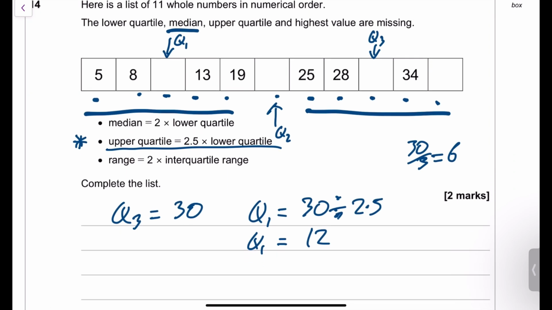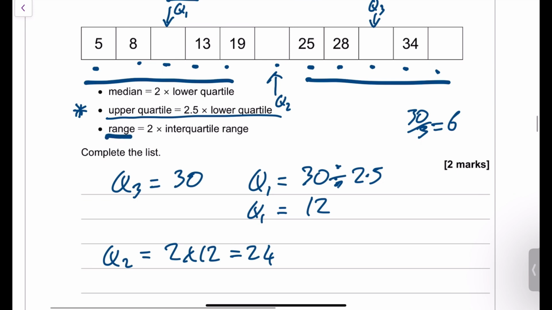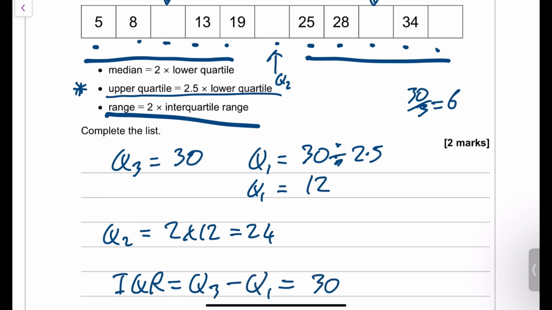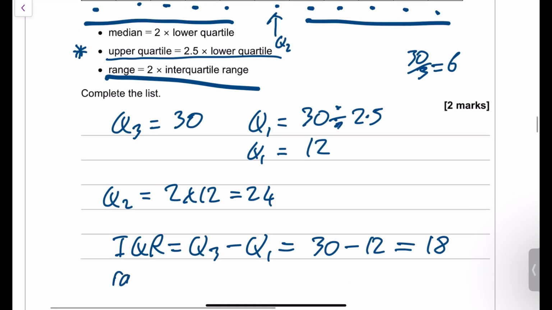It also says the median is twice the lower quartile, so your median, Q2, is 2 times 12, so it's 24. And then it says the range is 2 times the interquartile range. Your interquartile range, remember, is your upper quartile minus your lower quartile, which is 30 minus 12, which is 18. That means your range is twice that, so 2 times 18, which would be 36.